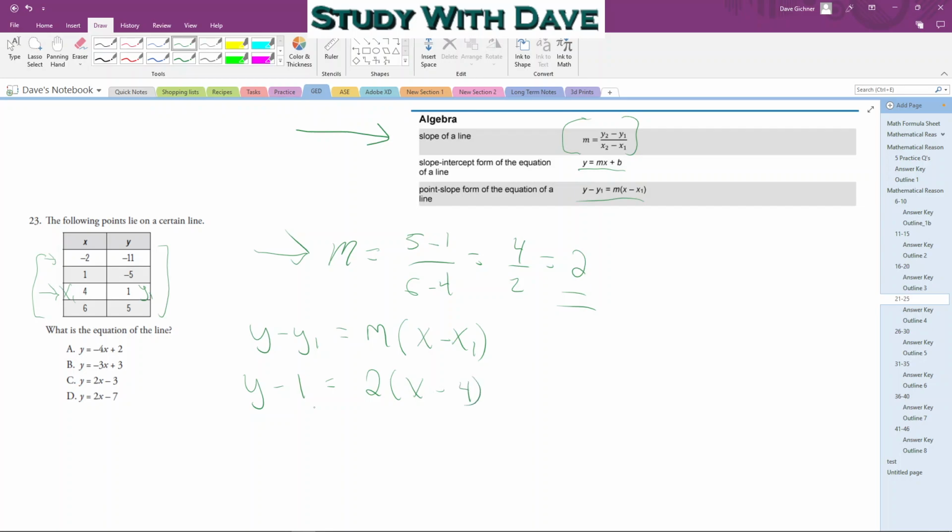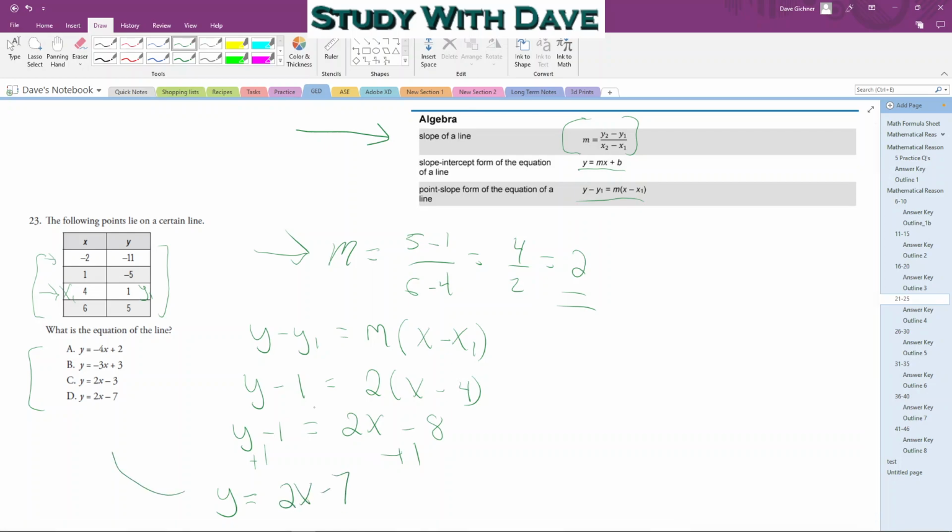And now we just solve. We'll say y minus 1 equals 2x, distributing the 2 to the x and the 4, so it'll be 2x minus 8. Now we add 1 to both sides to get y by itself. So our final equation is y equals 2x minus 7.